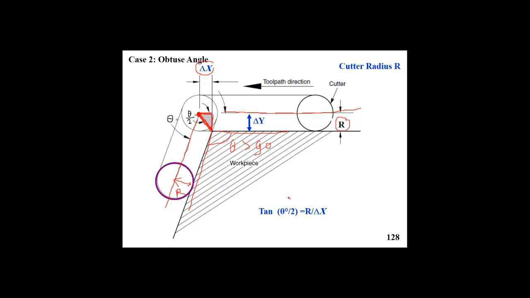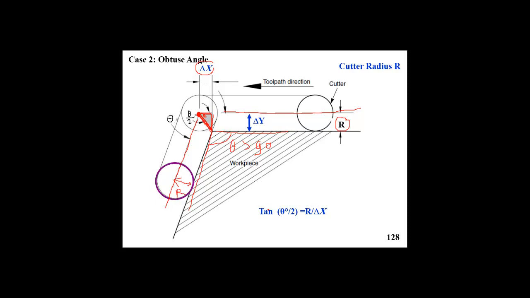So again, if we know this angle of the workpiece, half this angle will equal this angle of the right angle triangle. So that angle will be again half theta. If we apply this trigonometric equation, what is the tan of this angle? Tan will be the opposite divided by the adjacent.